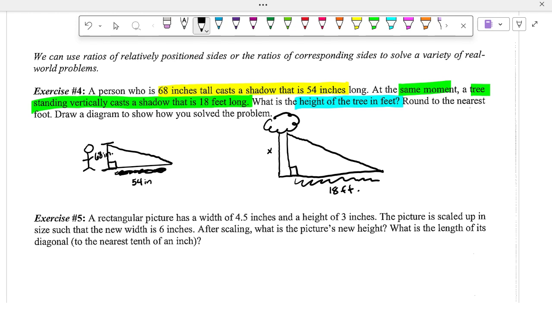Now, before we even start, what is the glaring issue? Feet and inches. Different units, so we cannot do proportions yet until we do what? Conversion. If I were you, just because 54 and 68 will not go nicely into 12, I would convert the 18 to inches, so you're not dealing with decimals.